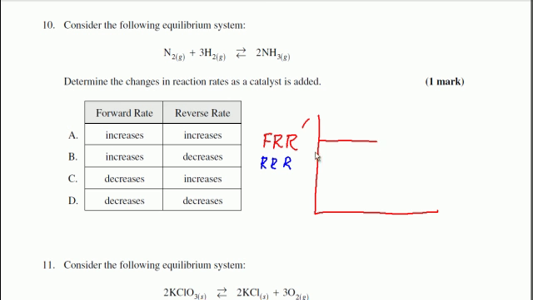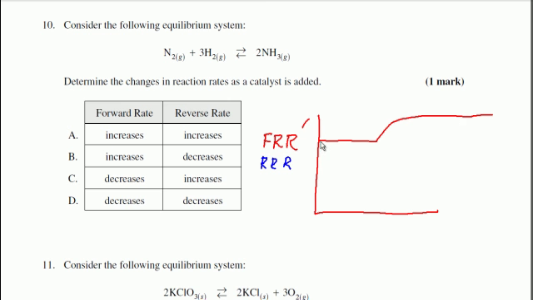What we know about catalysts is that catalysts increase the reaction rate. Okay, so we add a catalyst, it increases the reaction rate, and the reaction rate goes faster, and then it kind of levels off.